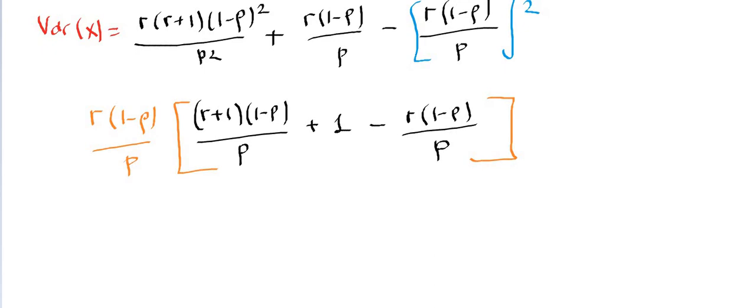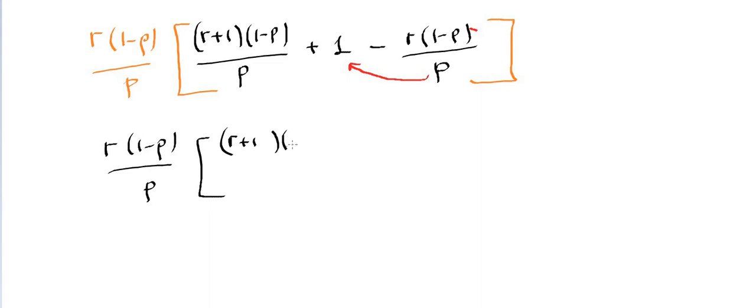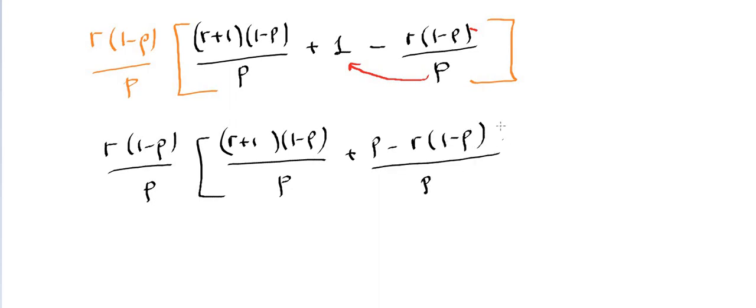Now we're going to merge this: p times 1 minus this numerator over the same denominator. So we have r plus 1 times 1 minus p over p, p times 1 is p, minus r times 1 minus p over p.